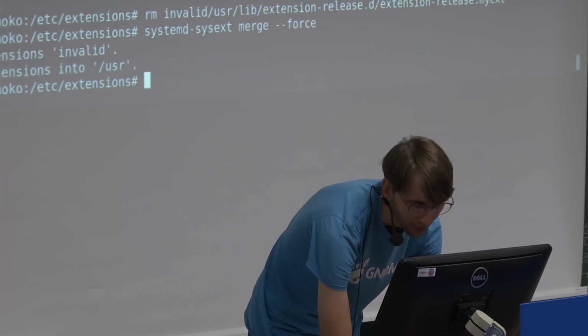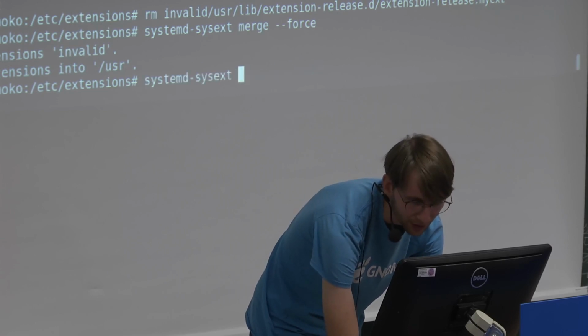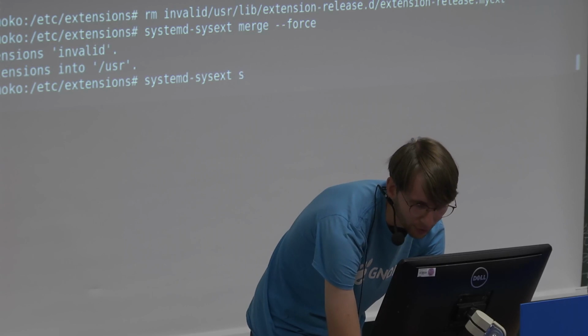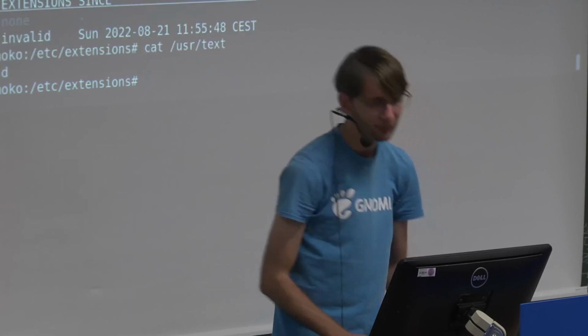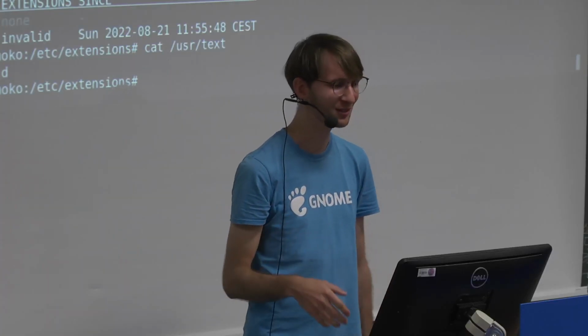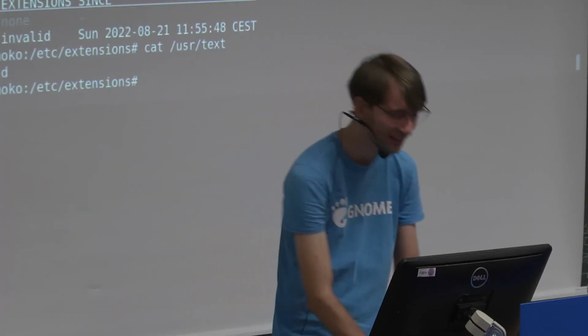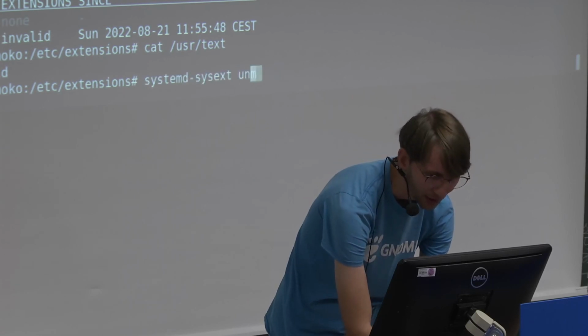And we will merge with force, and it now loaded this directory, created this overlay mount for us, and we see there's something called invalid now, and our file is there. Now if we run upgrade or something like that, or DNF upgrade, it will complain because we have a read-only /usr now because of all these overlay mounts. So before you do any modification there, you always have to unmerge again.